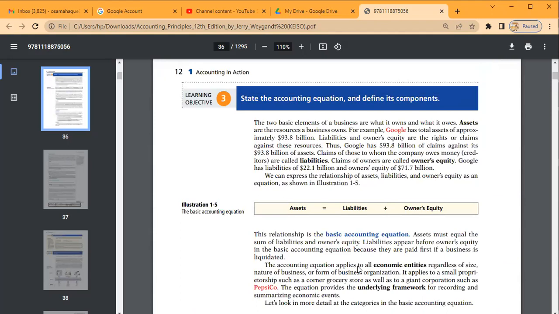Or if we make asset the subject, then it is going to be asset equals to liabilities plus capital. Is this clear? Does this make sense?